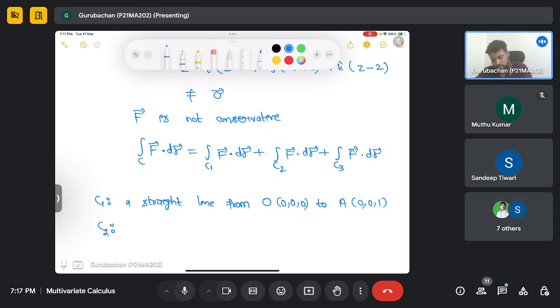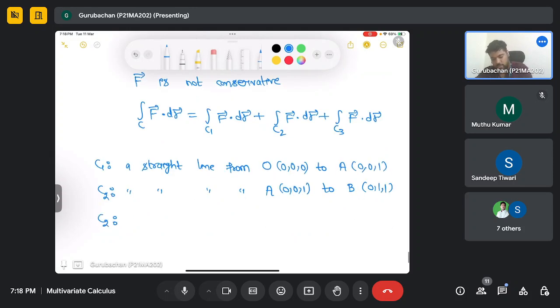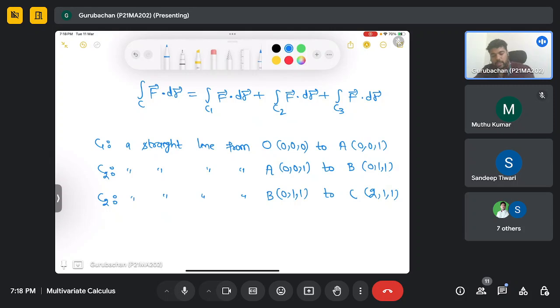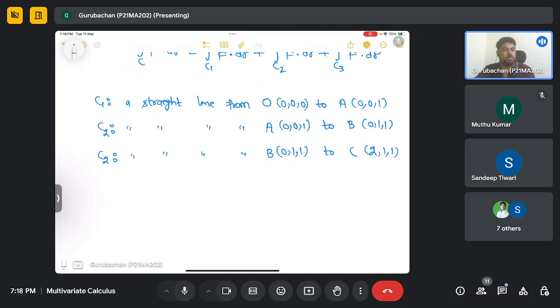C2 is another straight line from A (0, 0, 1) to B (0, 1, 1), and C3 will be a straight line from B (0, 1, 1) to some point C (2, 1). So you need to first calculate the parameterized vector form or Cartesian form of this straight line. Let me calculate.